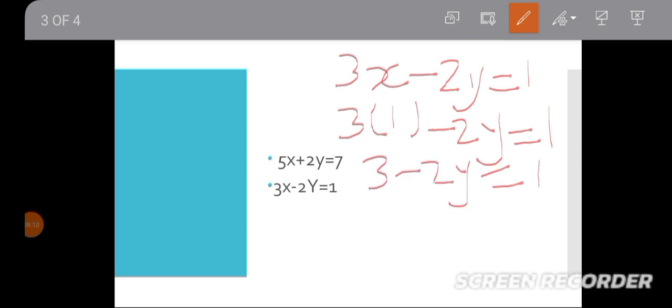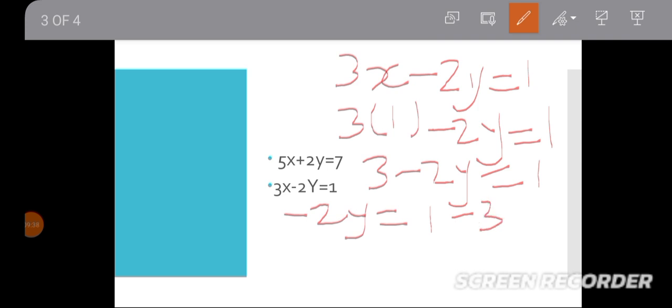Now we're going to try to make y the subject. So we're going to write negative 2y, write back the equal sign and the 1. And now remember we have 3 on the left hand side. So whenever we move that 3 to the right hand side, and the 3 is a positive 3, it's going to change from positive to a negative 3, right?